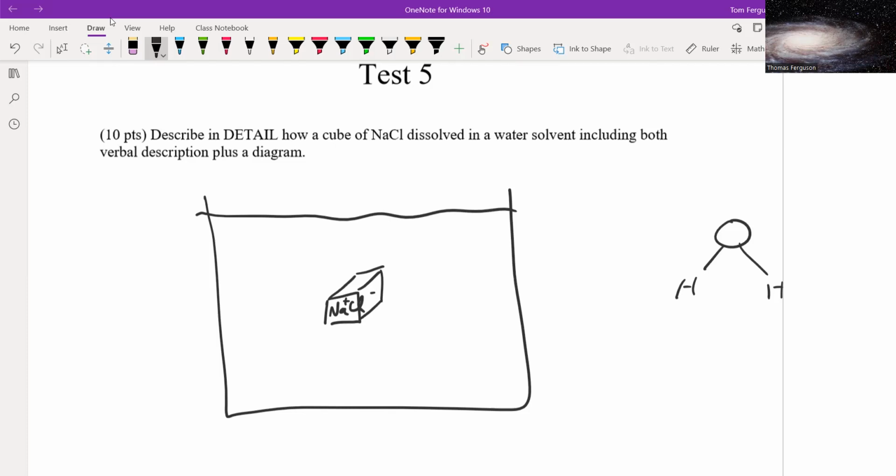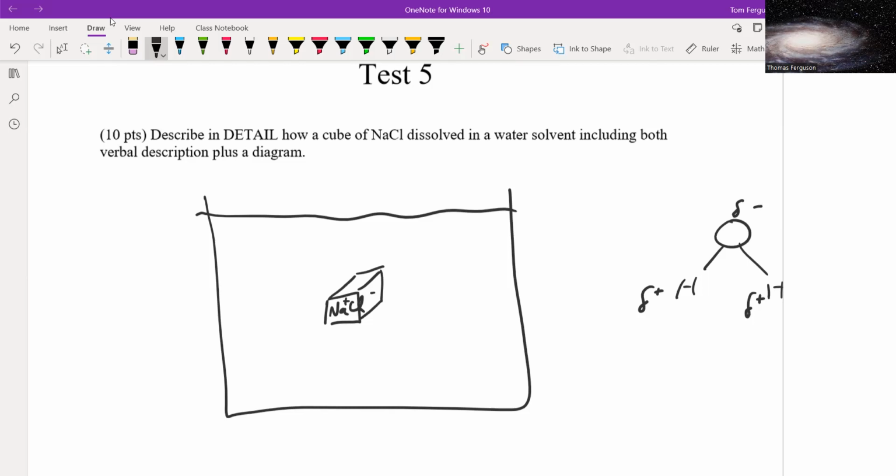It's got negative parts and positive parts. So the oxygen part is partially negative. That's what that little squiggly line means. And the hydrogens are partially positive. Now, the little squiggly line is actually a Greek letter, lowercase delta.